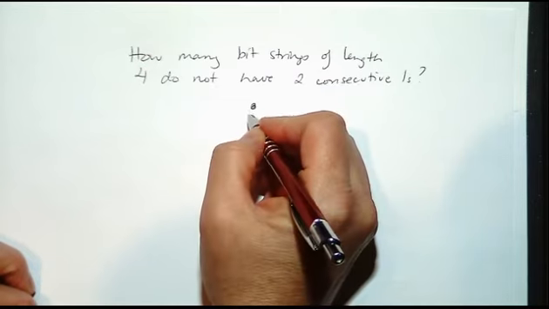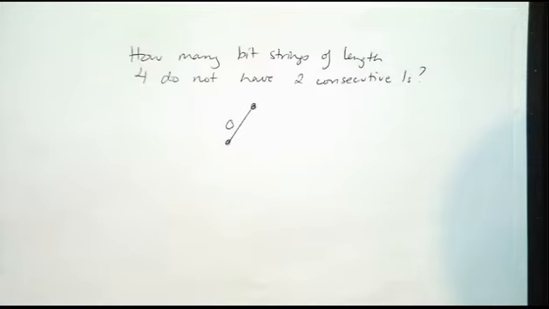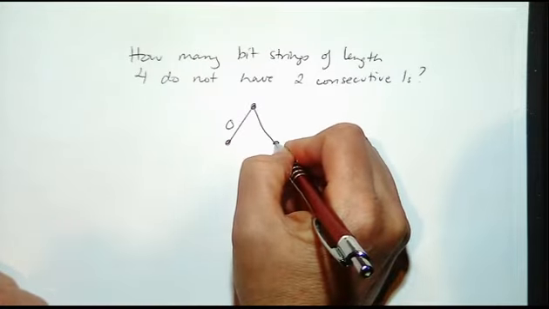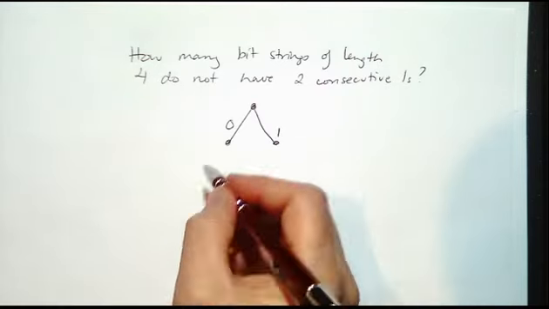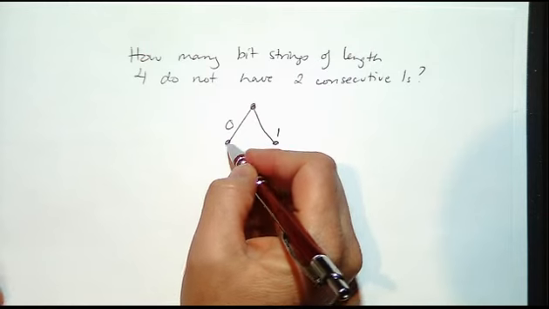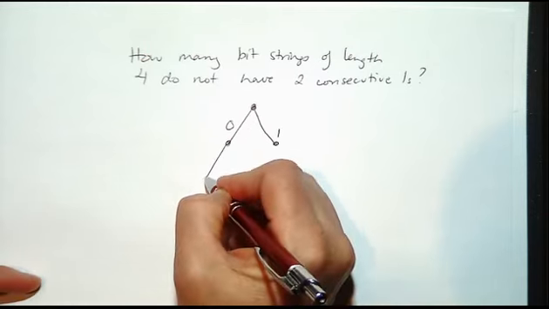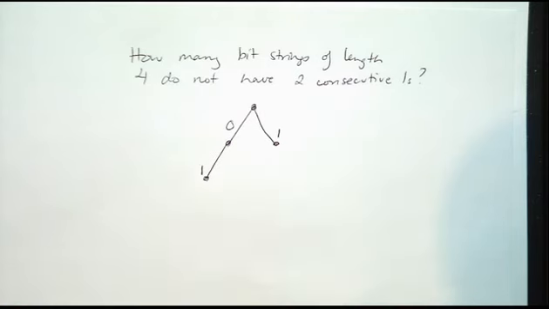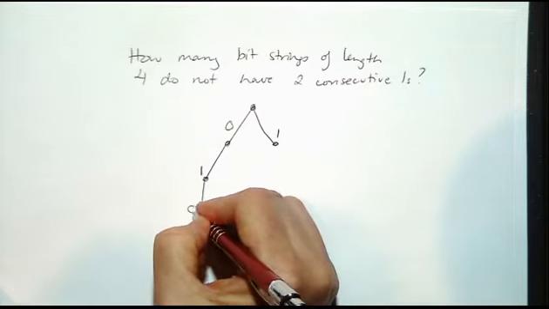We don't have anything in the string yet. Let's assume that if we go this way, we start with a 0. You can put that label on the node. And if we go this way, we have a 1. So if I start out with a 0, I can have a 1 next, no problem, right? And then when I get a 1, I'm not allowed to have another 1, right? So then the next thing has to be a 0. There's only one choice there.